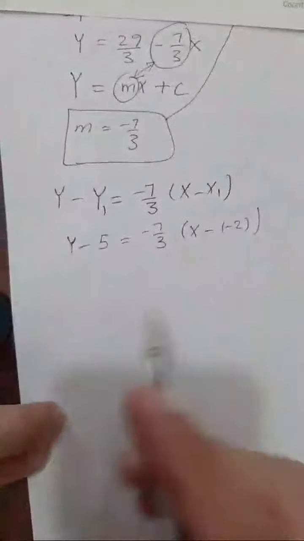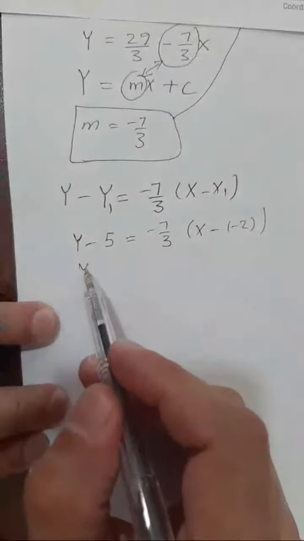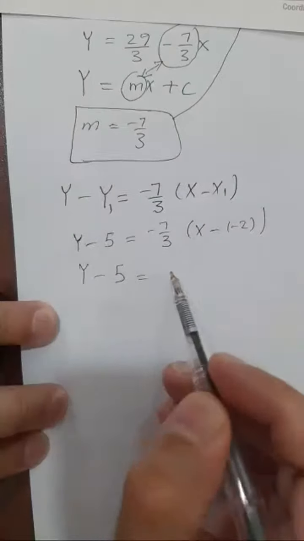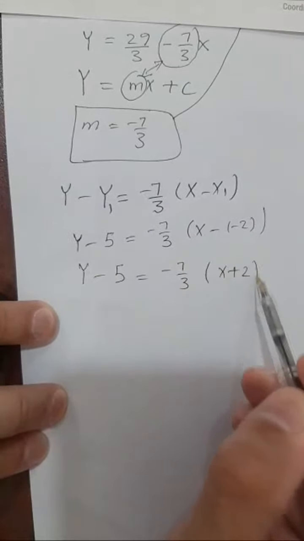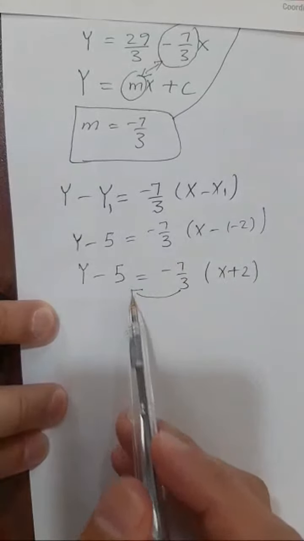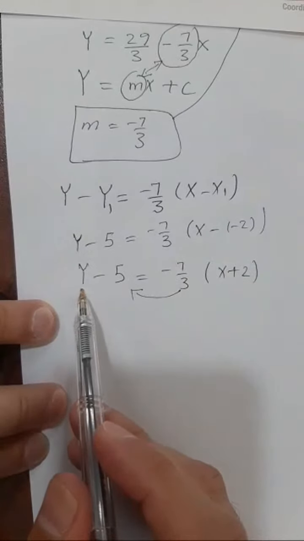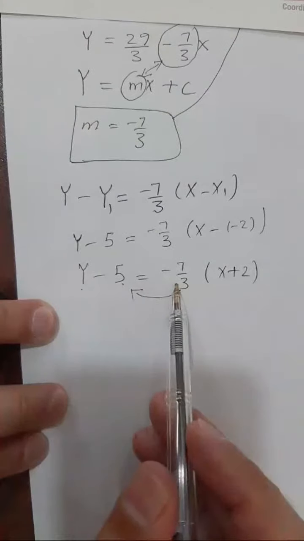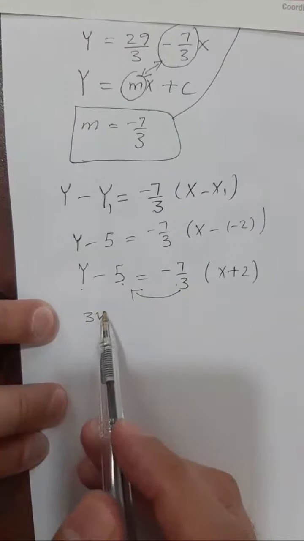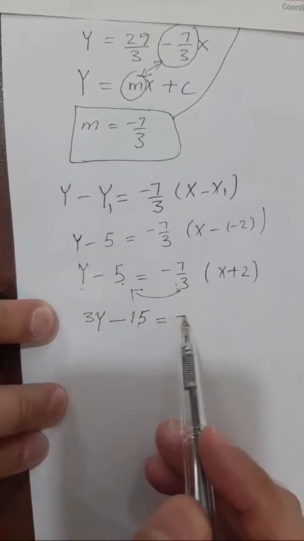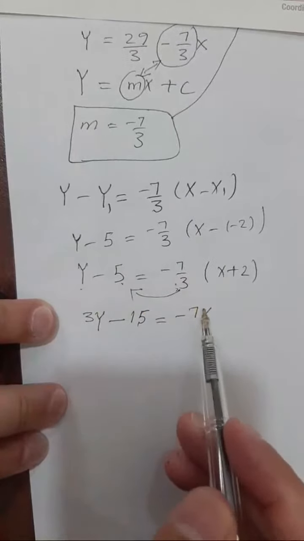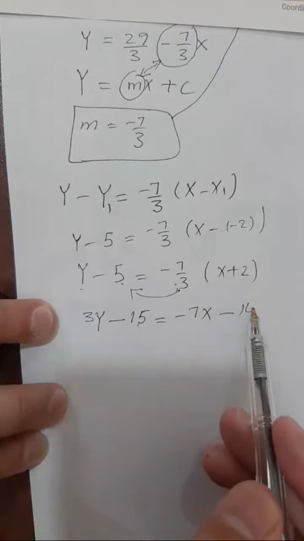Solving further, it will be y minus 5 is equal to minus 7 over 3 into (x plus 2). Move 3 to the left side, it will be multiplied with y as well as with 5. 3 into y is 3y, 3 into 5 is 15, equal to minus 7 into x is minus 7x, minus 7 into 2 is minus 14.